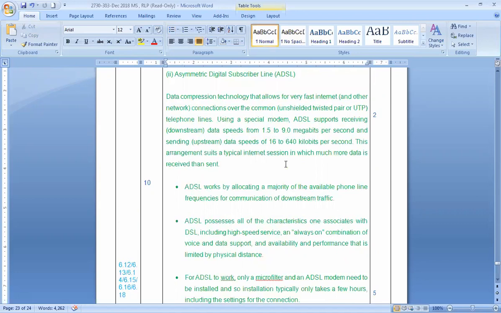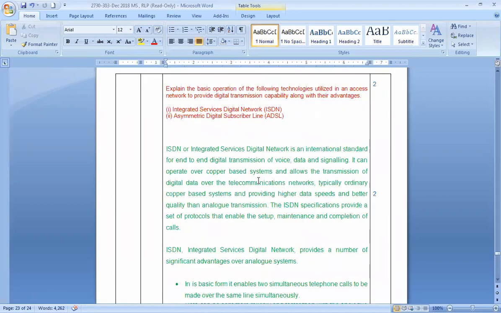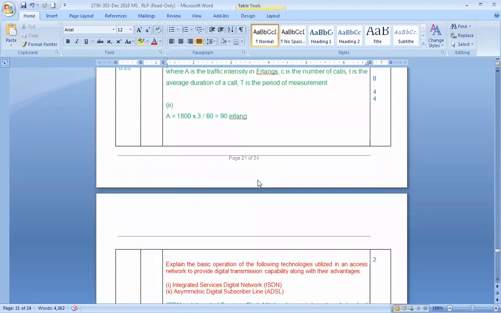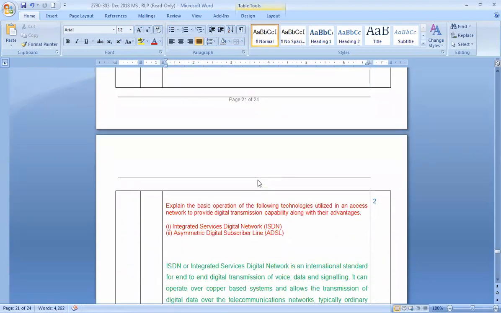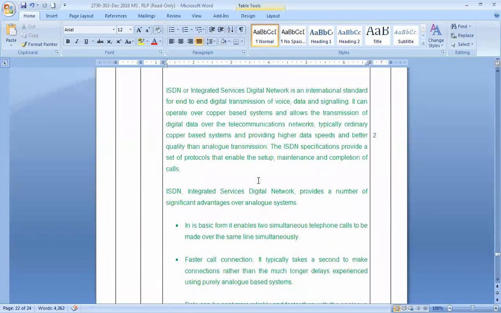So I hope students, all of you have understood the concepts that we have seen today, right? We have seen PSTN, we have learned about traffic intensity, and we have learned about the concept called Erlang, ISDN, ADSL, right?